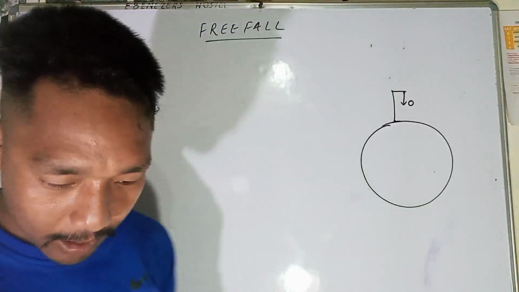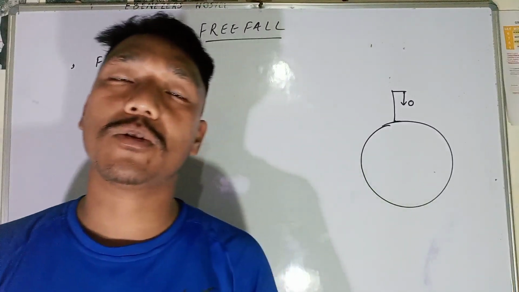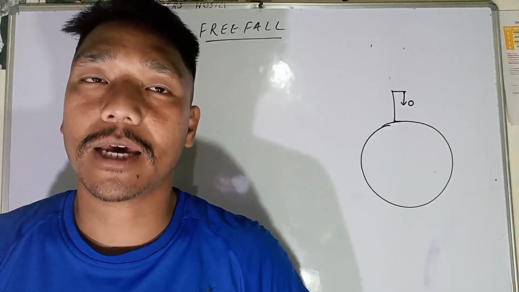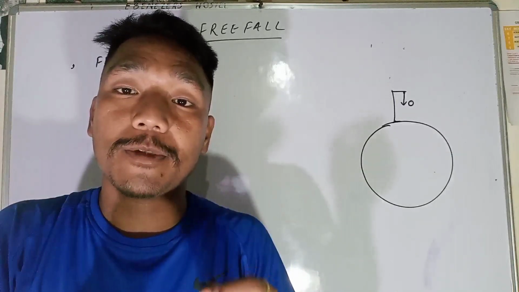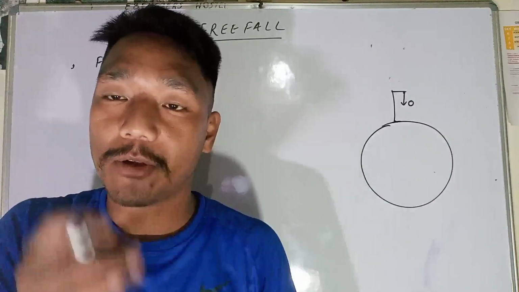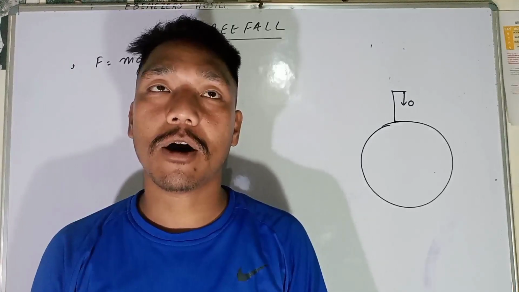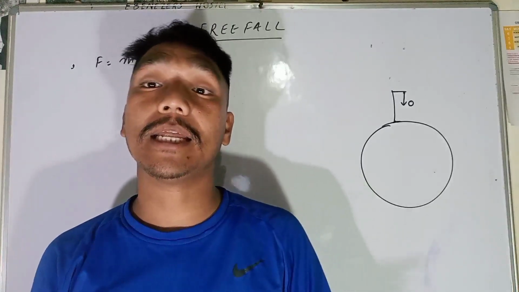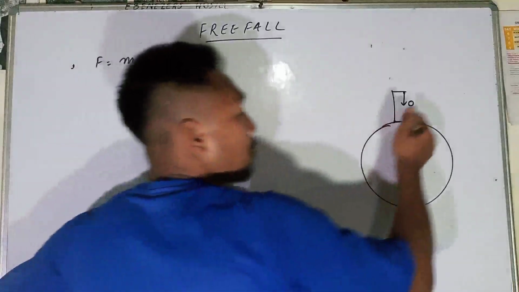Now we have learned what the universal law of gravitation says. In the entire universe, between two objects there is a force. The force is directly proportional to the product of the masses and inversely proportional to the distance.